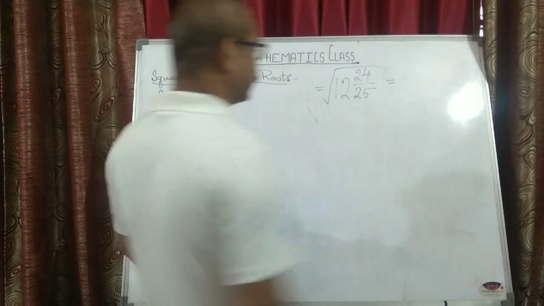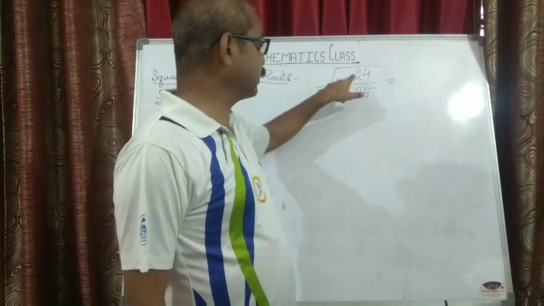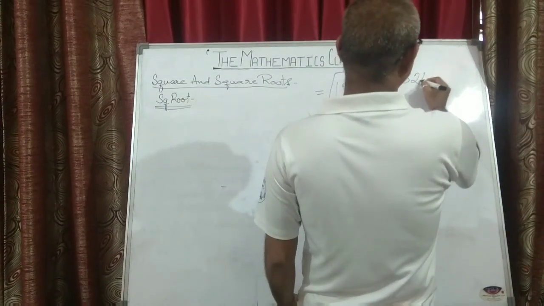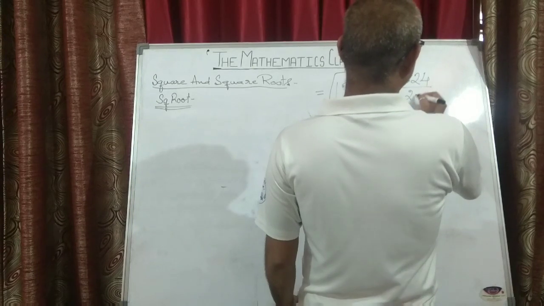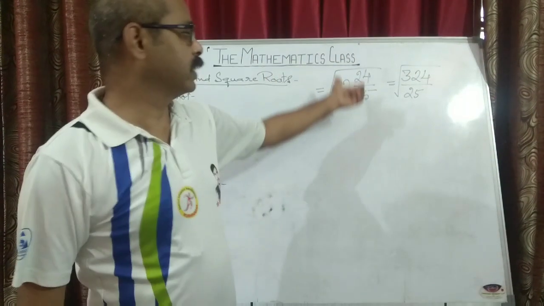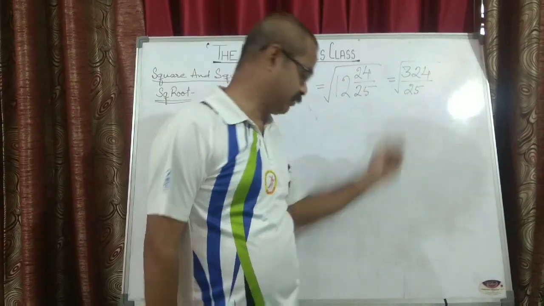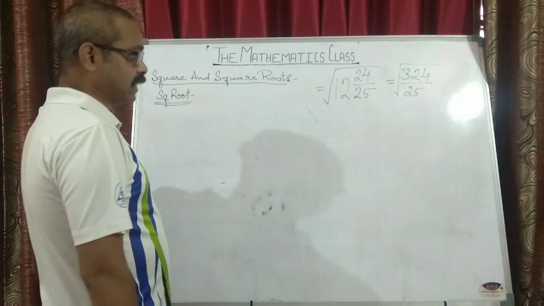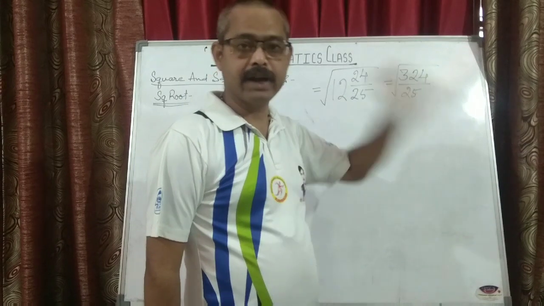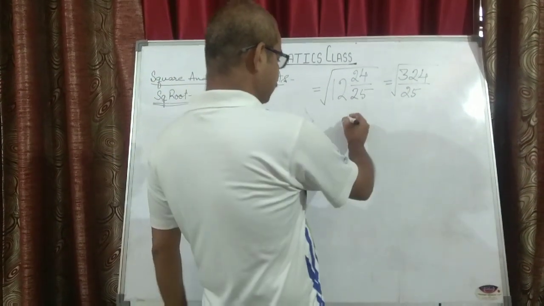Now 25 into 12 will be 300. 300 plus 24 will be 324 upon 25. It means 12 whole 24 upon 25 can be written in the form of 324 upon 25. Now you can find the square root of 324 and 25 separately by the prime factorization method.